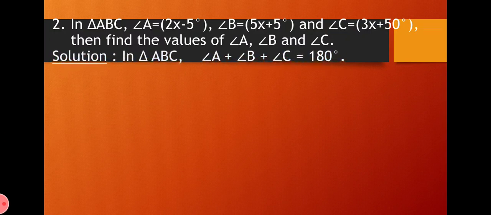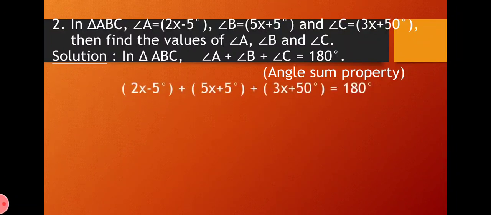So for solution, we know that in triangle ABC, angle A plus angle B plus angle C equal to 180 degree according to angle sum property. Inserting the values of given three angles, we get 2x minus 5 degree plus 5x plus 5 degree plus 3x plus 50 degree equal to 180 degree.